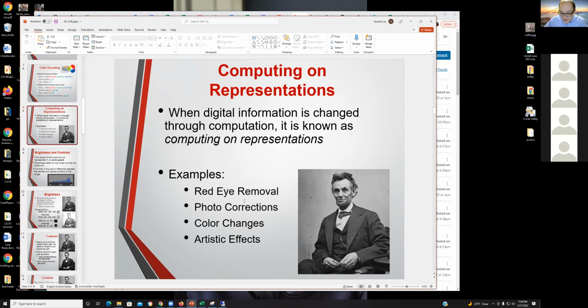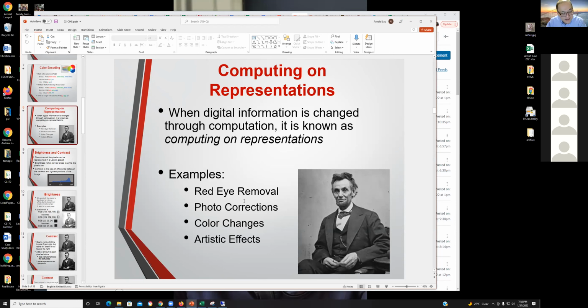And now with the pictures that cameras on phones are taking, it's almost automatic. It automatically makes everybody look better. It makes people look skinnier, no red eye, whatever it is. Even Zoom does stuff to make people look better too, I guess. So you have all kinds of information represented digitally, and it becomes a mathematical thing to do all kinds of different things: make the picture brighter, improve contrast, red eye removal, fix imperfections in the picture.